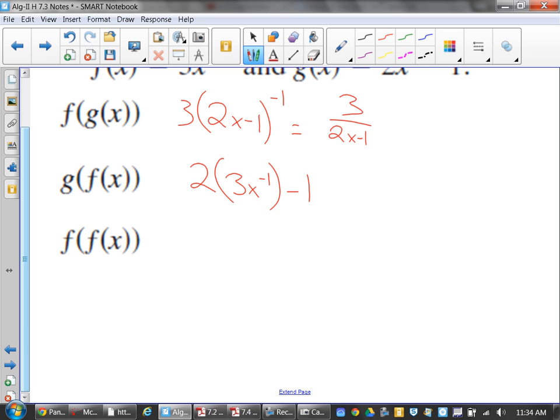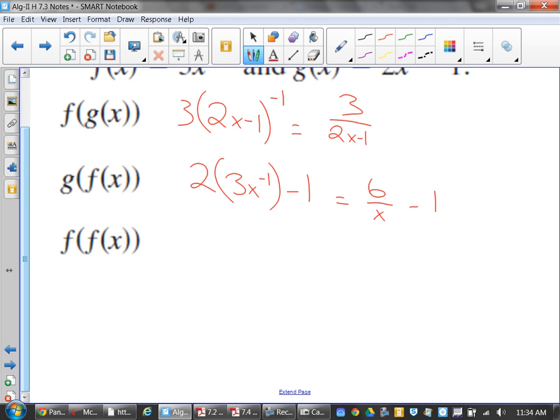The only thing that's being raised to the negative 1 power is x, correct? Yes. So this winds up with 6 over x minus 1. Yeah, you're right, Christian. What I'm saying here, the only thing that's being raised to the negative 1 power is the value of x. The rest of it just goes with the flow.